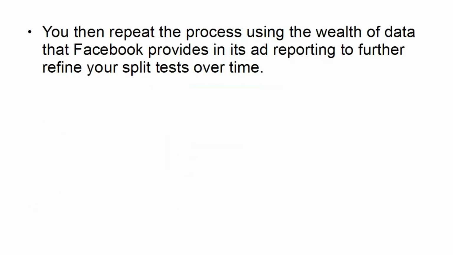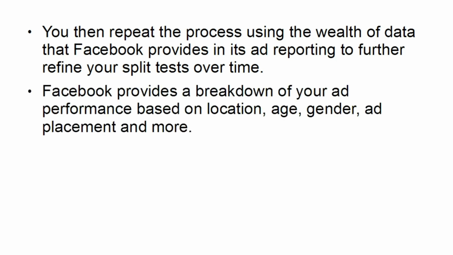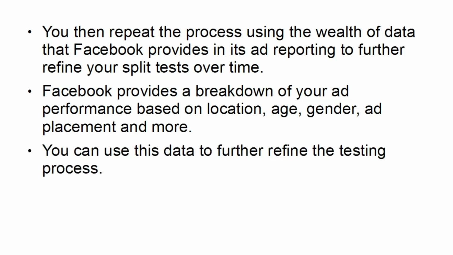You then repeat the process using the wealth of data that Facebook provides in its ad reporting to further refine your split tests over time. Facebook provides a breakdown of your ad performance based on location, age, gender, ad placement, and more, and you can use this data to further refine the testing process.